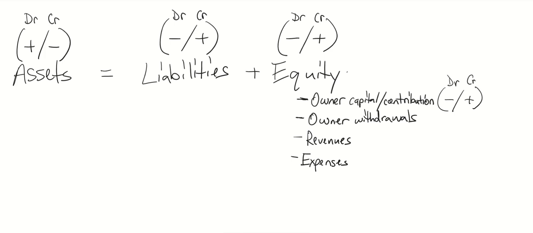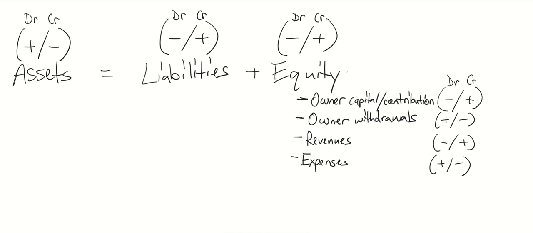Owner withdrawals is the opposite: a normal balance in an owner's withdrawals account is a debit balance. Revenues is the opposite: a normal balance in a revenue account is a credit balance. And expenses, the opposite: a normal balance in an expense account is a debit balance.